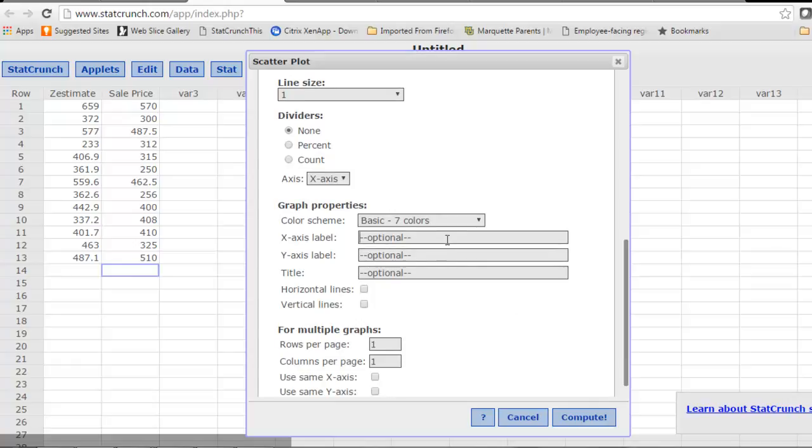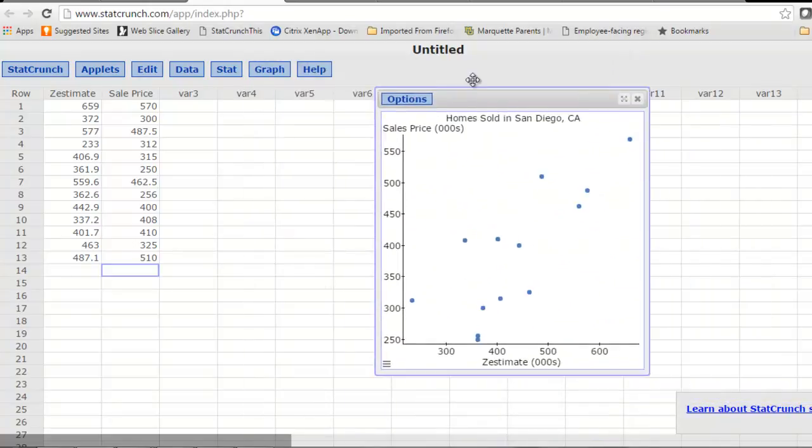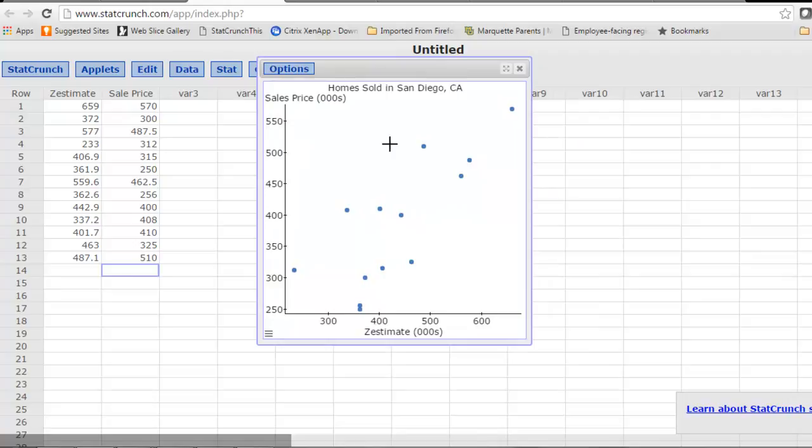That's in thousands, right? My Y variable is the sales price, also in thousands. And these are homes sold in San Diego, California. Always want to title your graphs. Click compute, and there we have our scatter diagram.